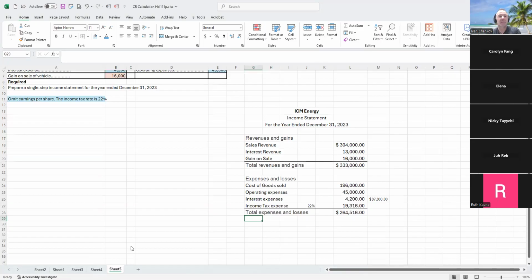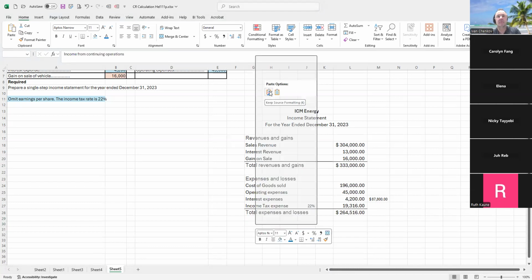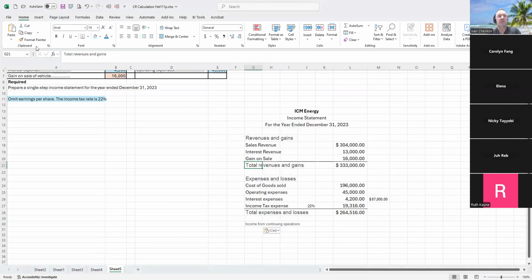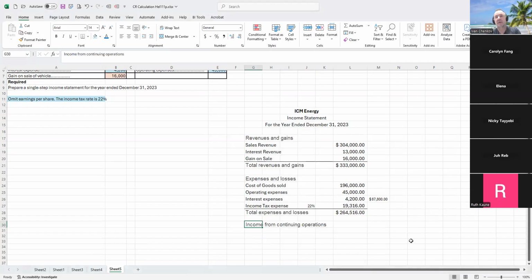What's the next thing that's coming? The next thing coming is the income from continuing operation. We need to know that. This one minus that one is going to be the income from continuing operation. And then we're going to get the calculation for the income from discontinued operation.